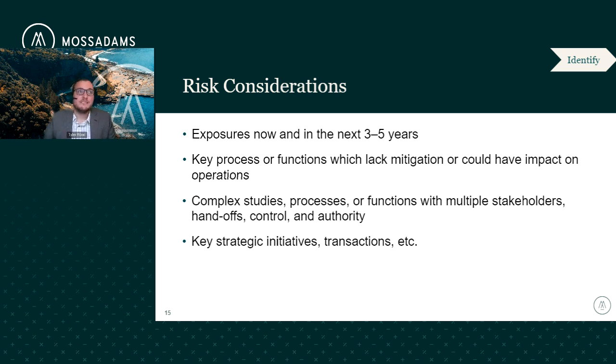A risk that you have today might not be relevant in 2 years, and a risk that's on the horizon might not need immediate action now, but might need to be looked at in 2, 3, 5 years, and so on and so forth. So it's really just making sure you're consistently being introspective, consistently evaluating the environment in which you operate, and being able to navigate the potential exposure you might have.